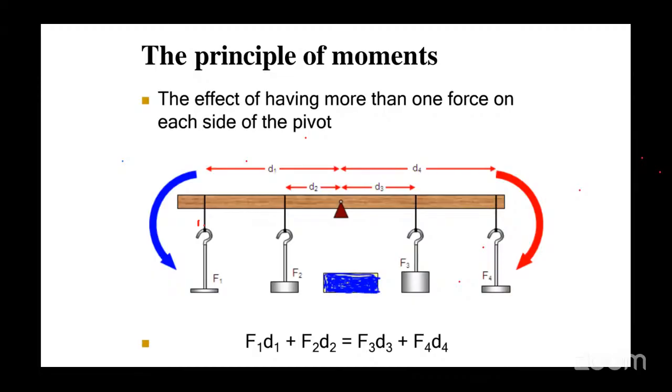So F1 and F2 are going anti-clockwise, while F3 and F4 are going clockwise. So the sum of the clockwise moment is equal to the sum of the anti-clockwise moment.